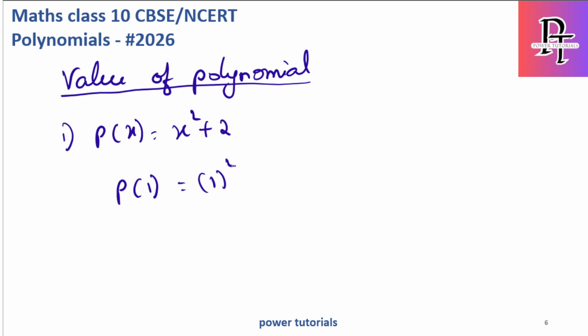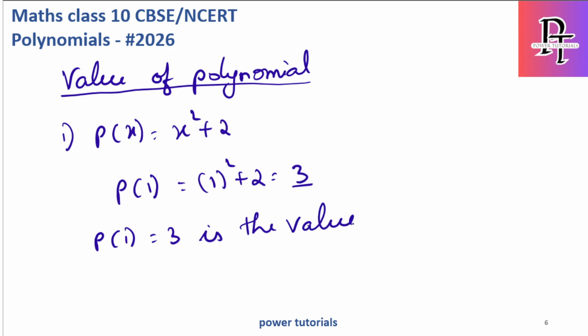So this becomes 1 square plus 2, which is 1 plus 2, which is 3. So p of 1 is equal to 3 is the value of p of x at x is equal to 1. Okay, so let's solve a few more.